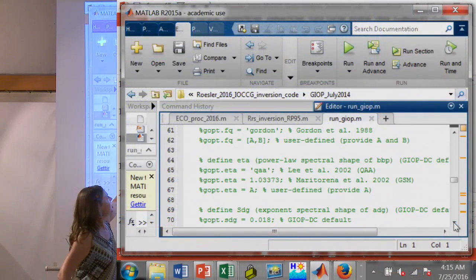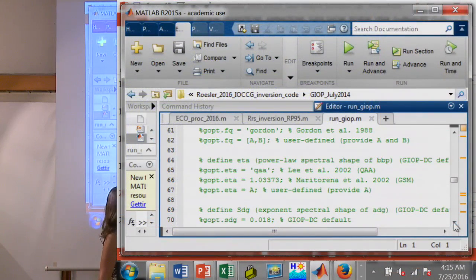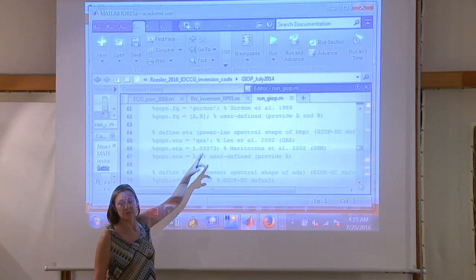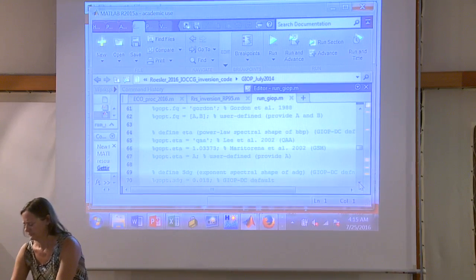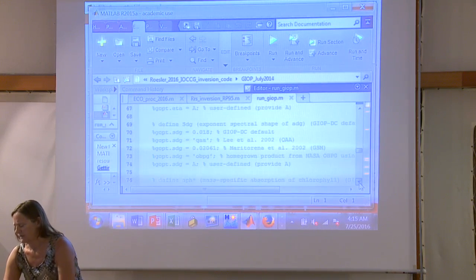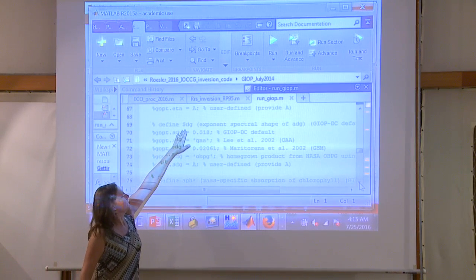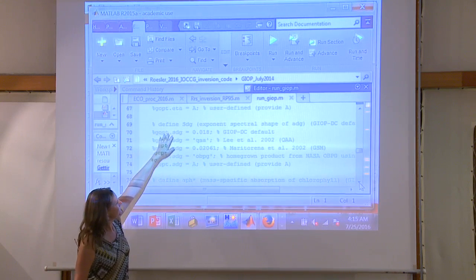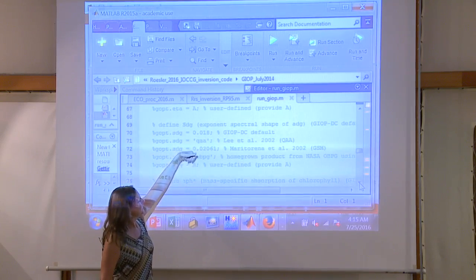You can define eta, the power function on backscattering. You can use Lee's or Morel's, or you can do a user-defined. If you want to put the 2 in, you could do that. Then there's the spectral slope of the non-algal particle and yellow stuff, or CDOM. So you can define your own slope here.